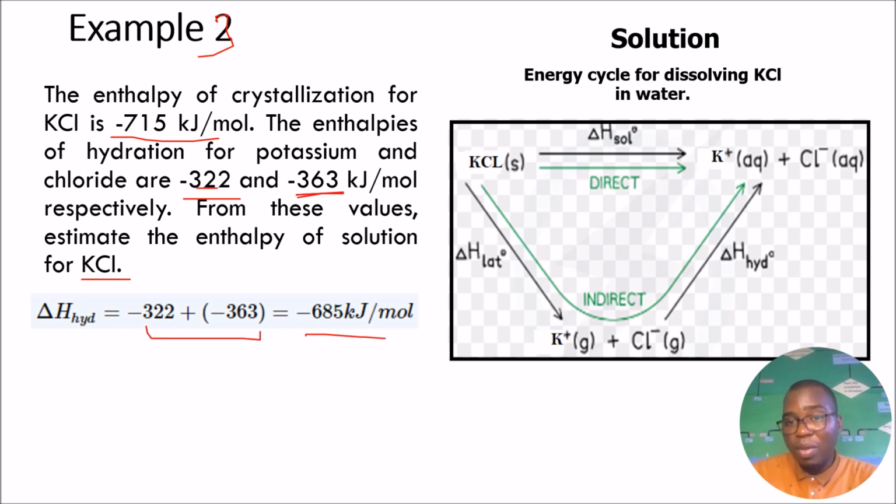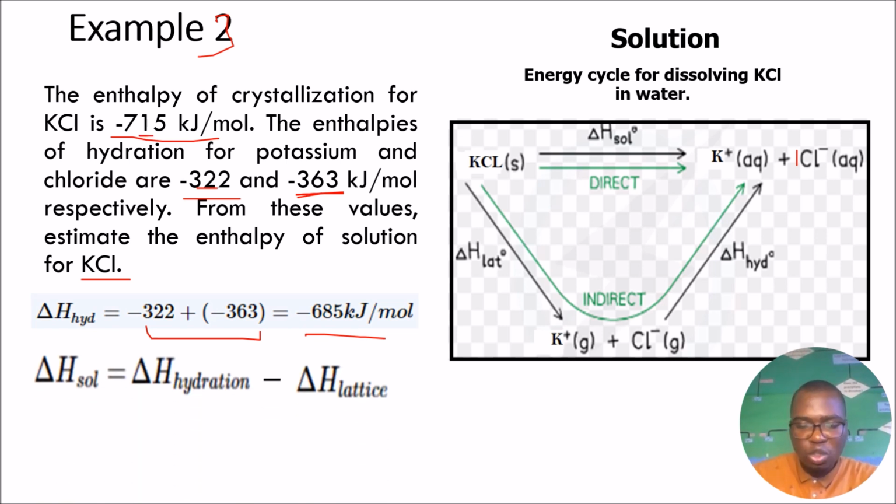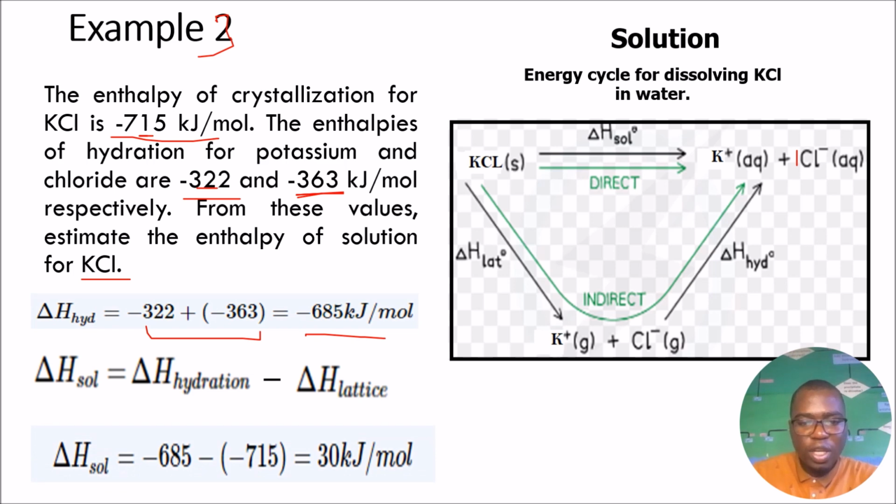But remember, as you are doing your additions, you consider the stoichiometric coefficients. In this case, the coefficients are ones, so we just ignore them because one cannot change anything. So you find your total and then you already have your lattice energy. The only thing is you plug into this formula and you get your answer as 30 kilojoules per mole.